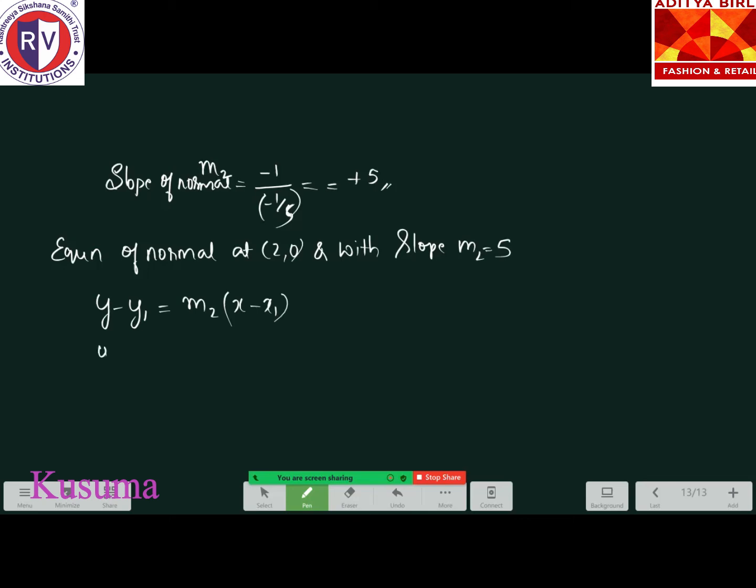So y1 ಏನಿದೆ ನಮ್ಗೆ ಇಲ್ಲಿ 0 ಇದೆ, m2 is 5, x1 ನಮ್ಗೆ 2 ಇದೆ. Let us solve this. This is y is equal to 5x minus 10, or 5x minus y minus 10 is equal to 0. This is the equation of the normal.